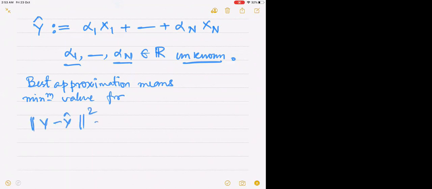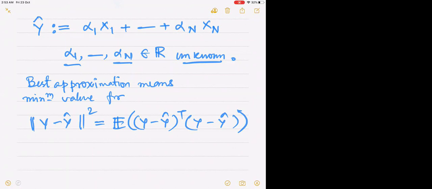But what is this? This would be the expected value of y minus y hat transpose y minus y hat, isn't it?